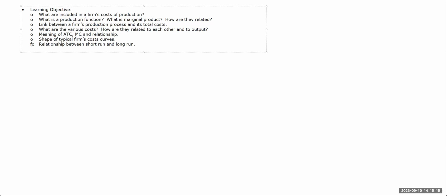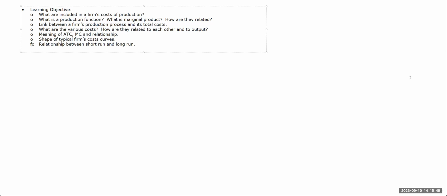After that, we're going to learn a bunch of definitions about cost: total cost, average total cost, marginal cost, variable cost, whatever. I'm going to teach you a bunch of definitions. And then from there, we are going to draw typical cost curves in the short run for a typical firm.